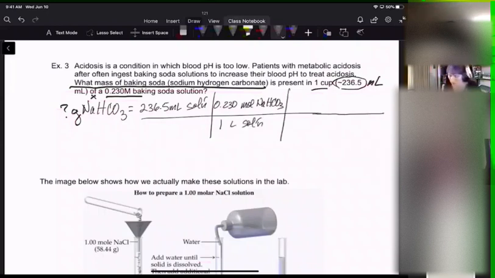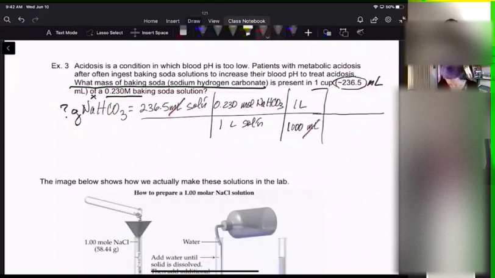All right, what else do we need to do here? We have our milliliters to liters conversion. Then we need to cancel out moles of sodium bicarbonate in the bottom. And we can use the molar mass to get to grams.